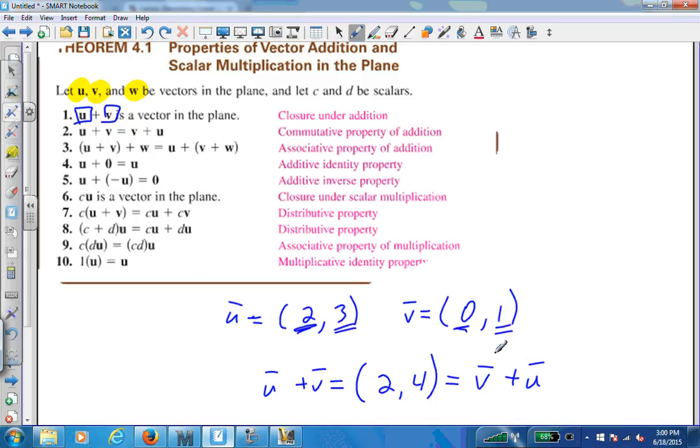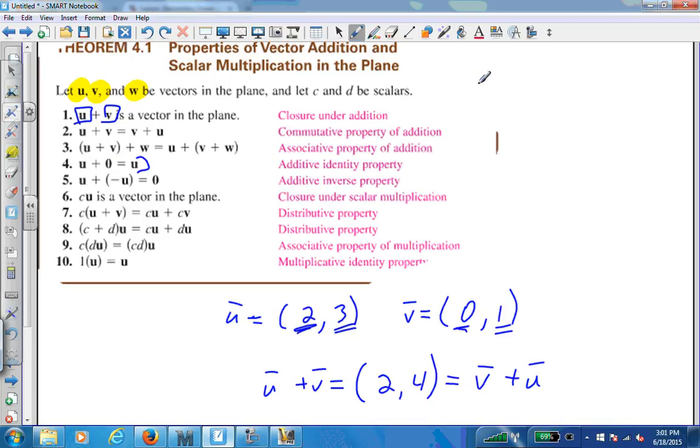All of the second components are eventually getting added together. So whether we add the first two and then the third one, or the second and the third one and then the first one, associative property still holds.